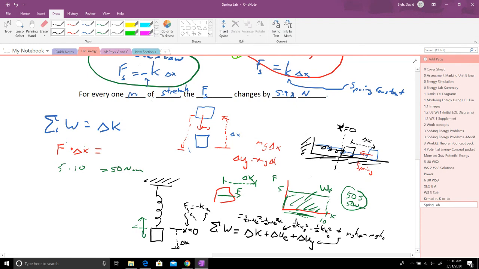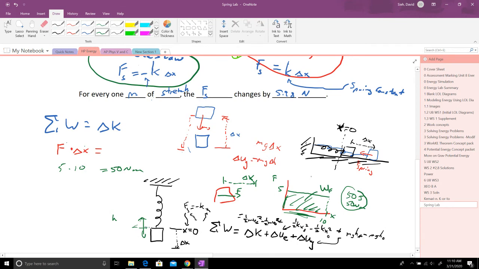So the point is, I'm also going to need a variable for height, aren't I? As the thing goes up and down, I'm looking at the stretch position, calling this x equals 0, but I'm also going to need a variable for height. If I'm changing the height and the x position of the spring up and down, wouldn't it make my life easier if I called the same spot 0 for both?